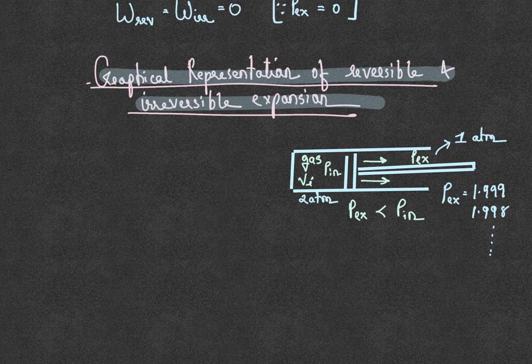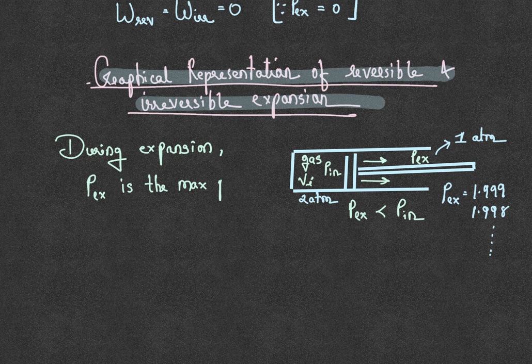And so we understand one thing, that during expansion, what do we conclude? P external is the maximum possible value in a reversible process.